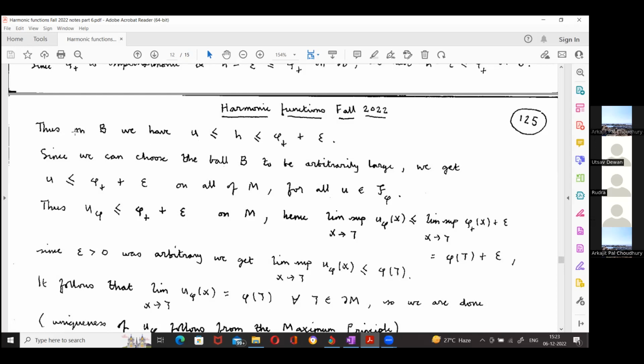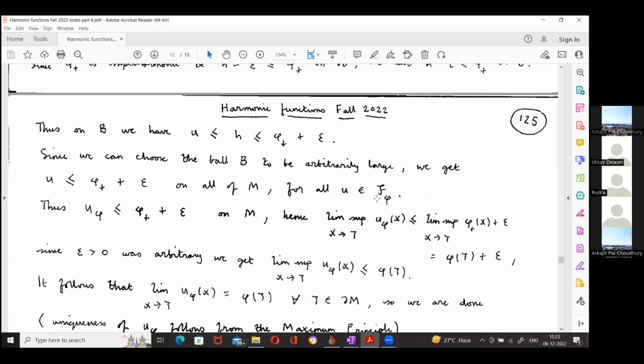Now this ball B, I can take as large as I want. So since I can take this ball to be as large as I want, I get that finally u is less than or equal to phi plus plus epsilon on all of M, for all u in F phi.